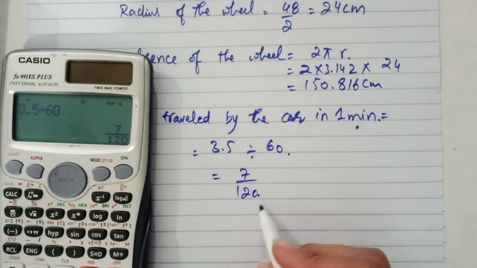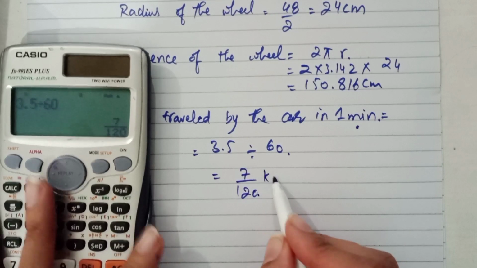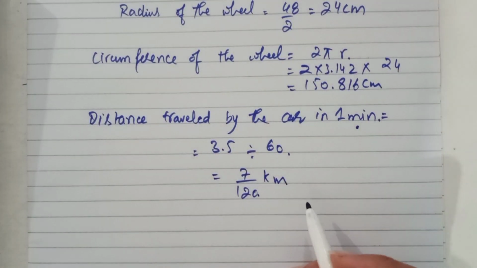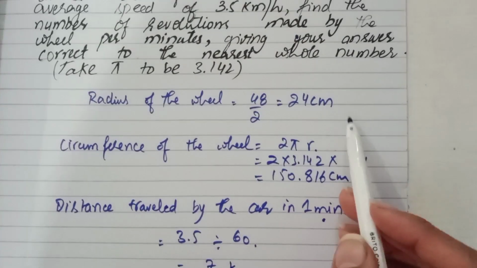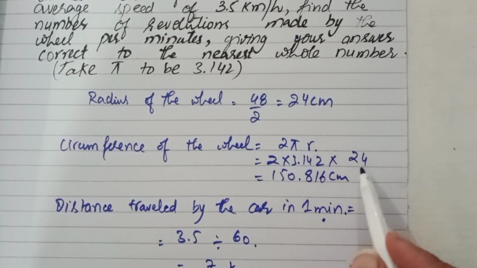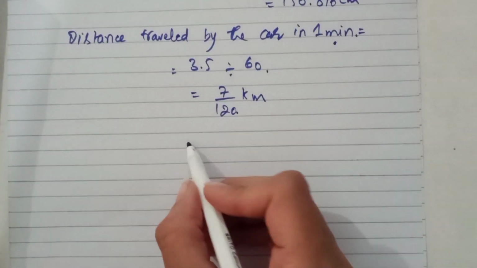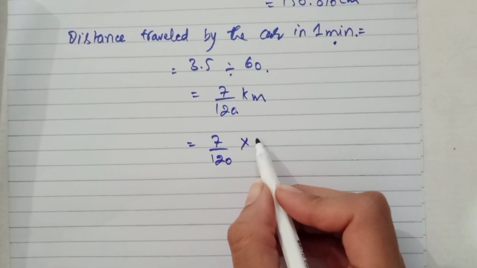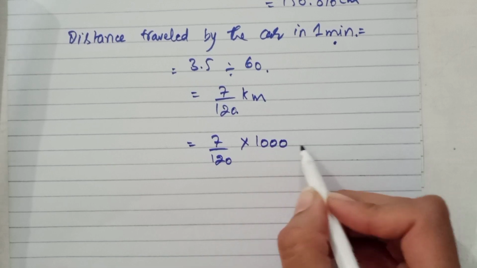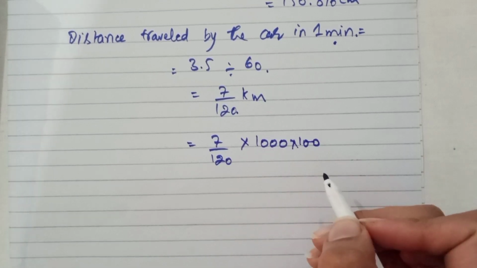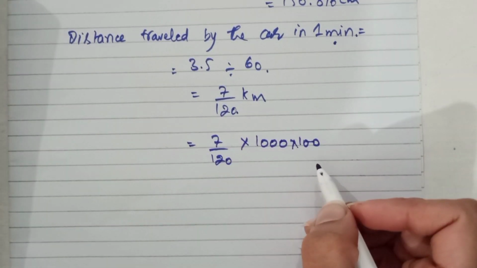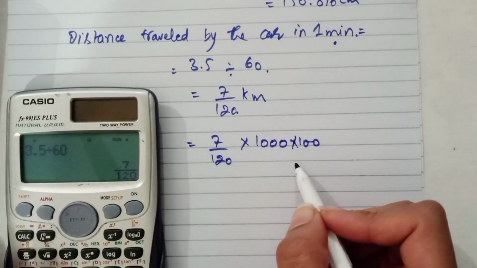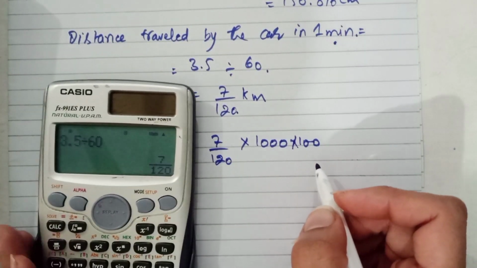Now we get the answer 7 by 120, and that is in kilometers. We have to convert into centimeter because the radius of the wheel is given in centimeter and the circumference also. And by converting kilometer into centimeter, we have to multiply by a thousand meters and then 100 in centimeters.